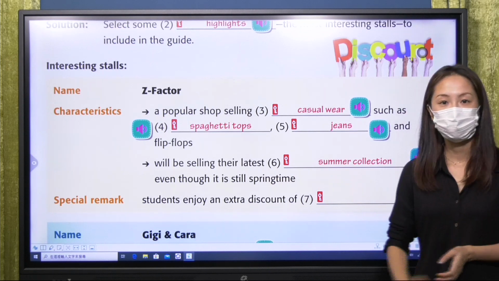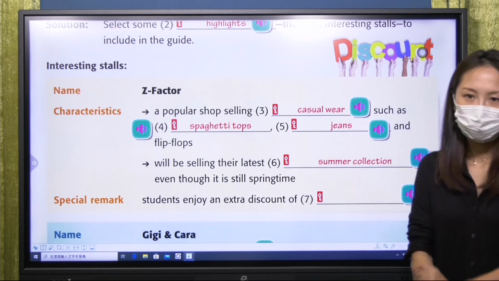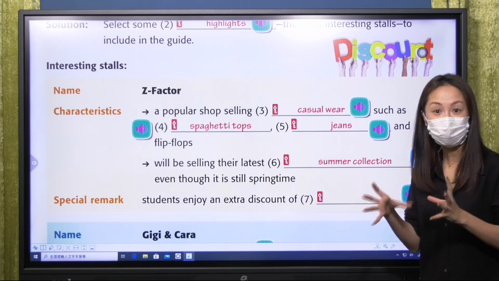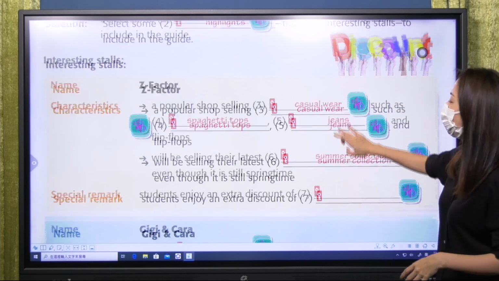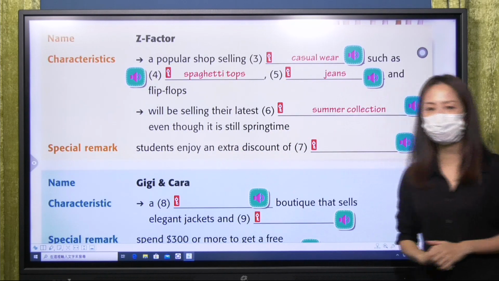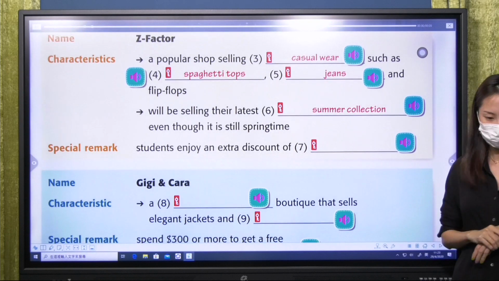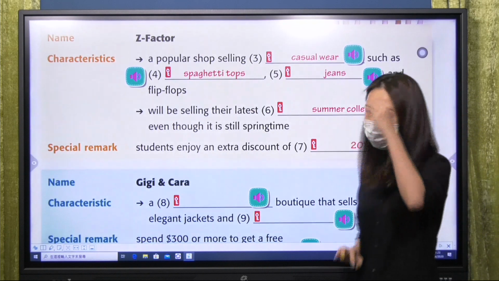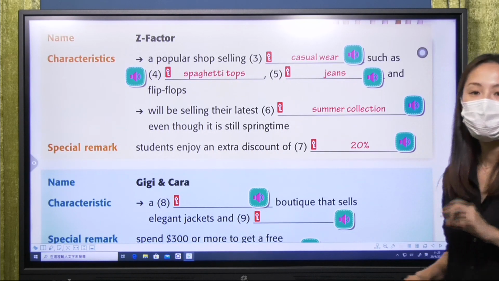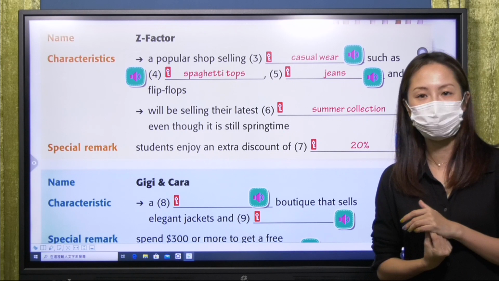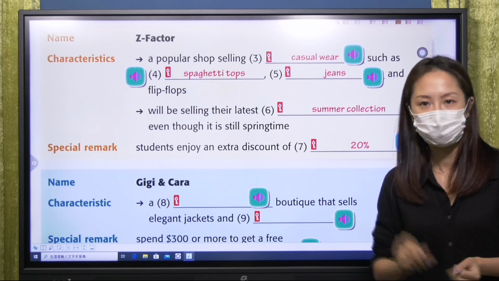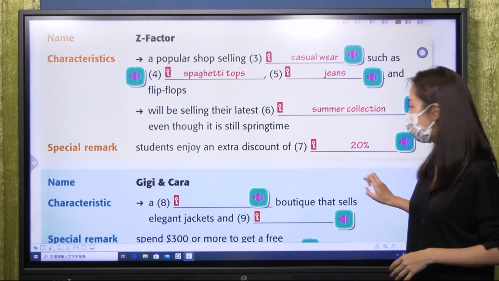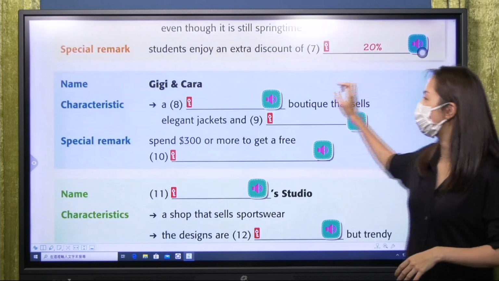Summer collection 夏日嘅裝束啊，夏日嘅系列，夏天系列。Students enjoy an extra discount, or they're also giving us an extra 20% discount. 20%, okay, 20%. So if you are having a 20% discount，就係幾多折？8折啊，8折。Okay, 20% off. Okay, now let's go to Gigi and Cara.